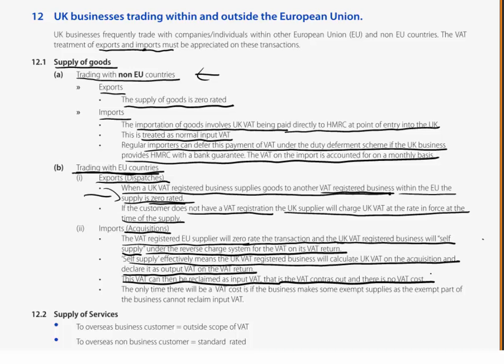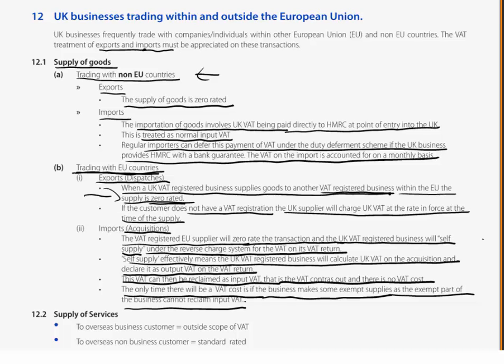Outputs equals inputs. Well, the only time where there will be a VAT cost is if the UK business makes exempt supplies, as the exempt part of the business cannot reclaim input VAT.